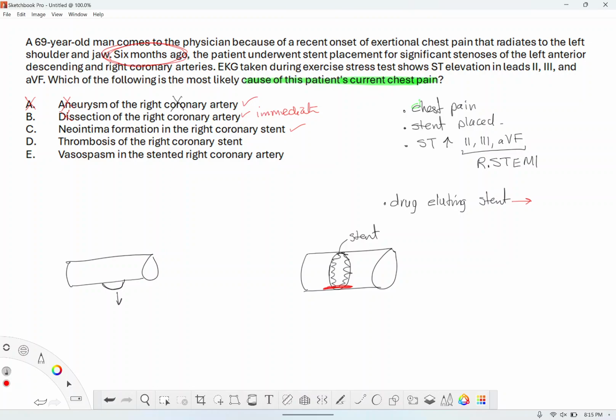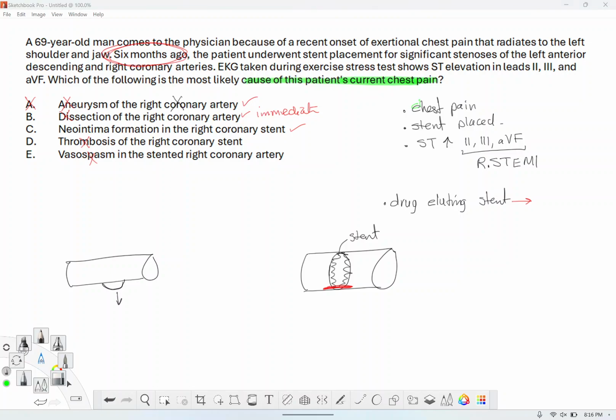In this case, it doesn't look like this would be a thrombus because of that. So it is possible, but again, not as likely as neointima, or not as likely as other things. Vasospasm, no, vasospasm is usually related to smoking and other things. A stent is not. So the best option will be neointima formation.